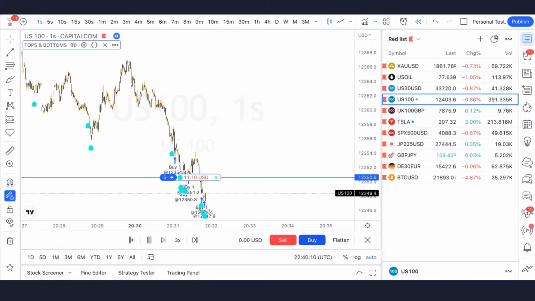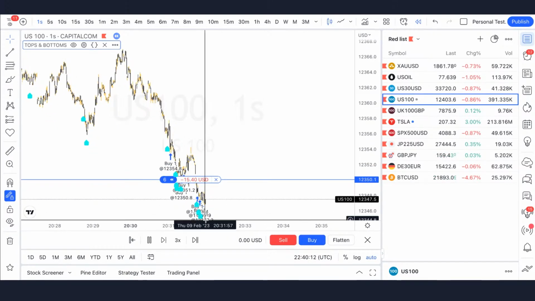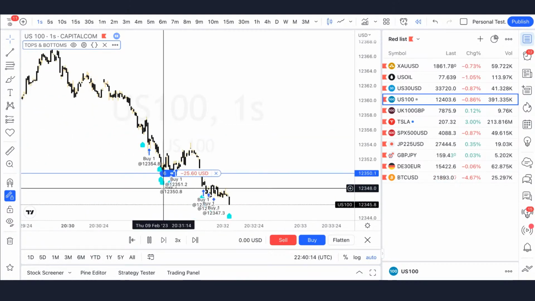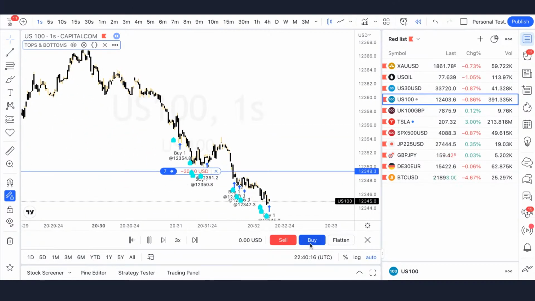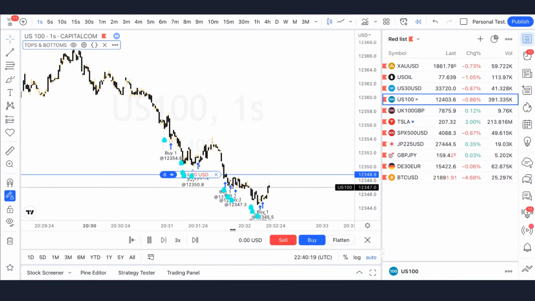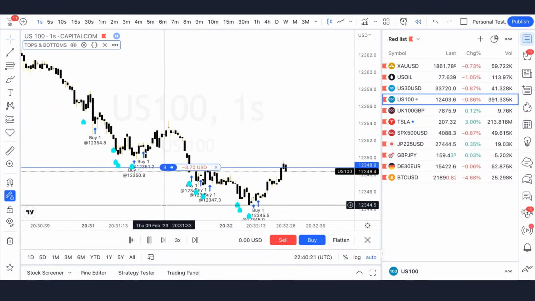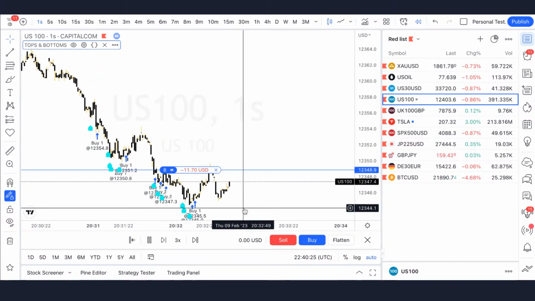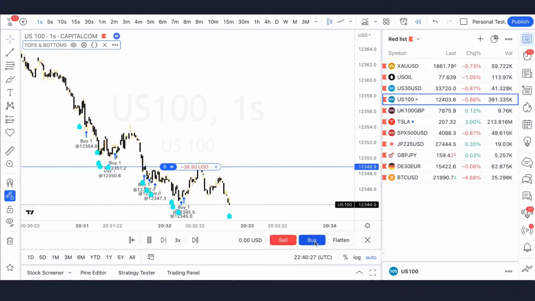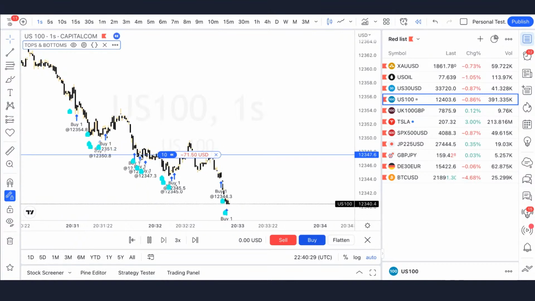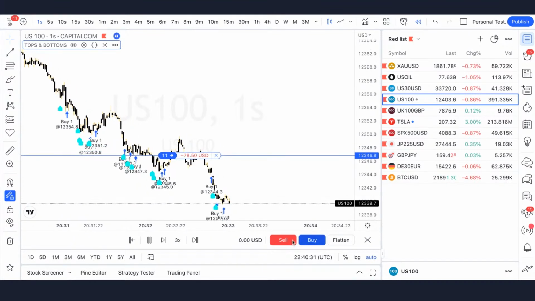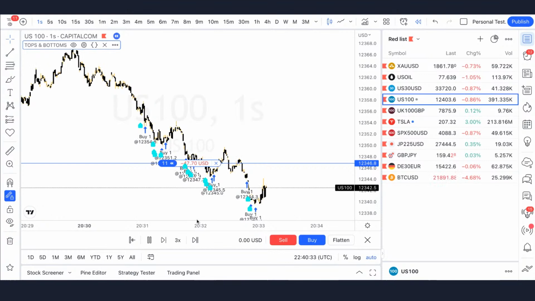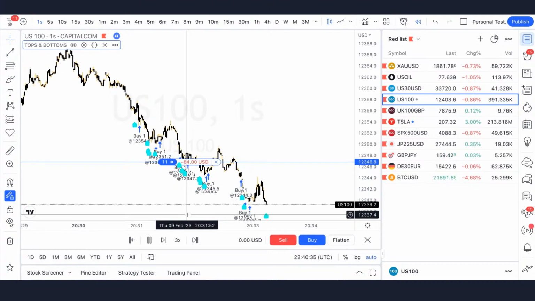We're able to get multiple entries in, really averaging into this position here. You can see how things play out. We give ourselves as much opportunity to average into this.